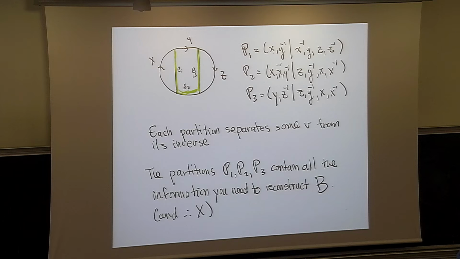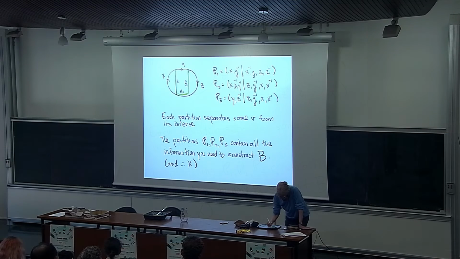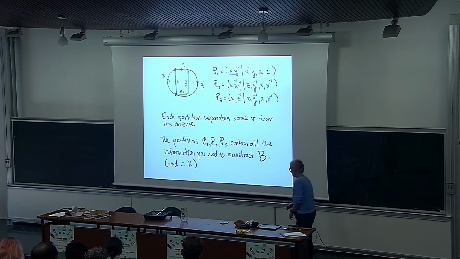This edge E1 has two vertices, that one and that one. At the top vertex, x comes in and y goes out. So I'm going to put x and y inverse in one piece of the partition. At the other vertex, x goes out, and y, z inverse, z all go into the other half, the rest of the tree.